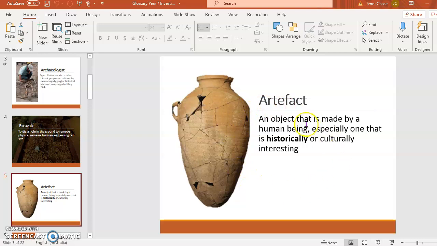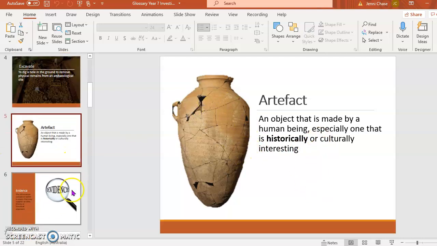They will analyze these artifacts sometimes with the use of scientists. So you can date them using different scientific techniques to work out, for example, if it's a Roman vase or an Anglo-Saxon vase. Then they work with historians to work out what the artifact was used for and what it can tell us about the people who used it.